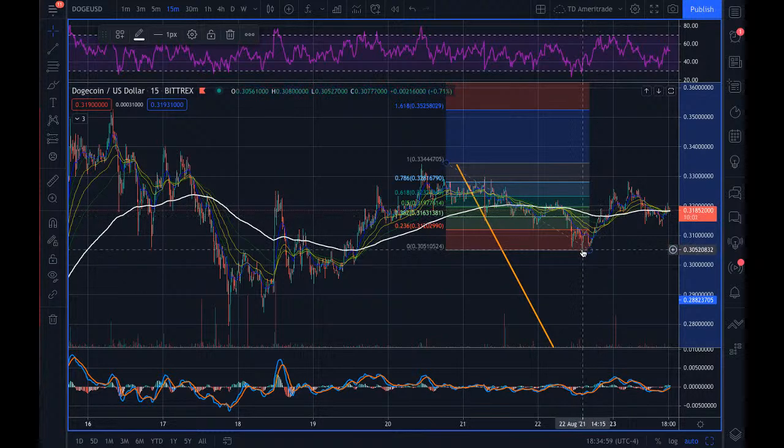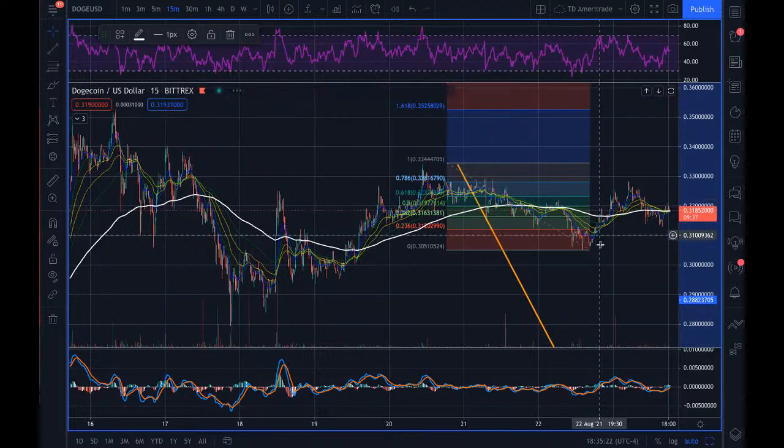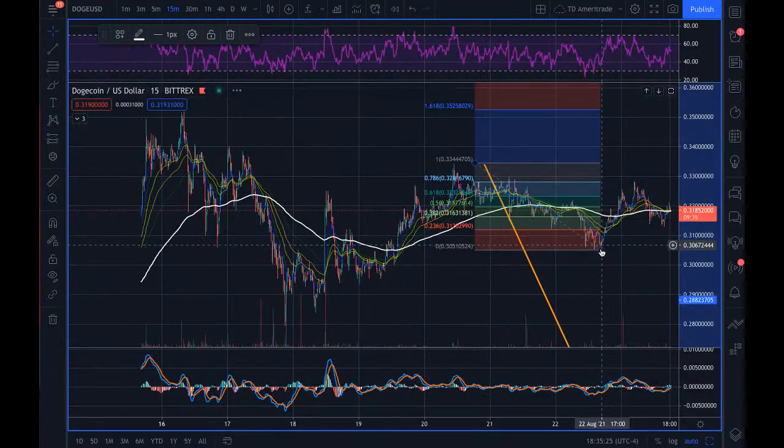I was counting the first 3 waves, 1, 2, 3, of that as one trade. It ended up going all the way up to the 0.786, but I was shooting for at least the 0.382 or 0.5 just to be careful, because, well, I don't want to give it away yet.